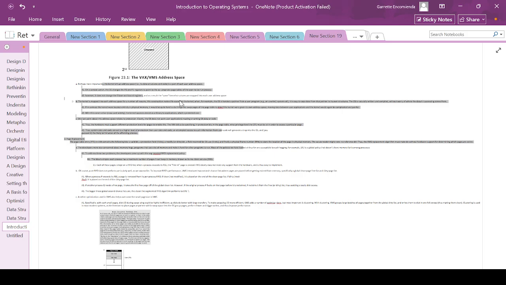However, it does not change the S, or system, base and bound registers, so it stays the same.